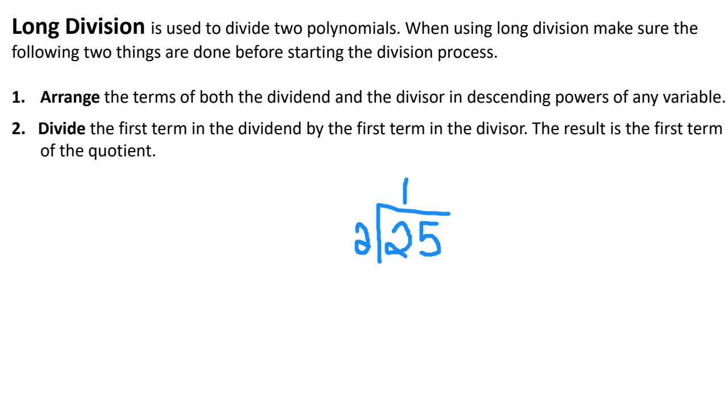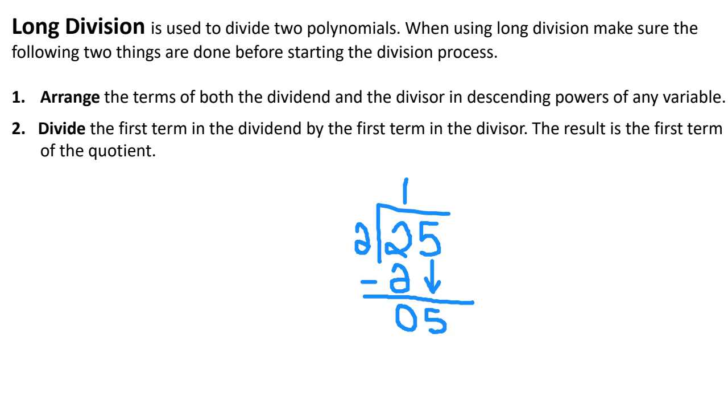From here, we multiply 2 times 1 is 2. Then we subtract. So 2 minus 2 is 0. And then lastly, we bring our next number down. Then we start the same process.